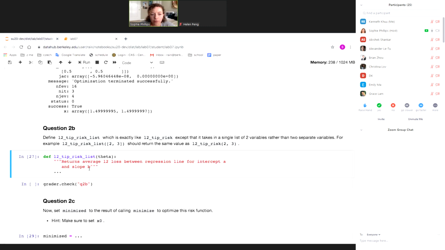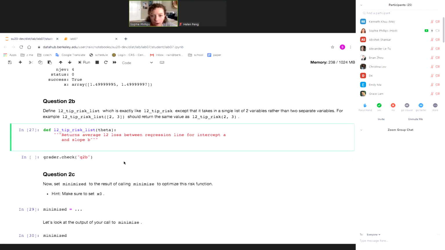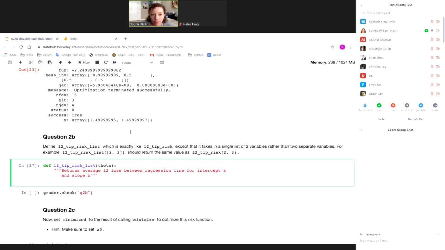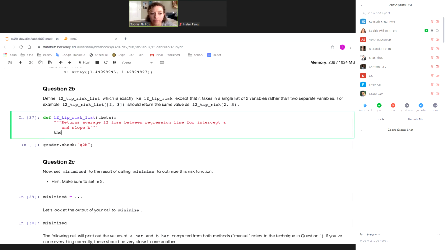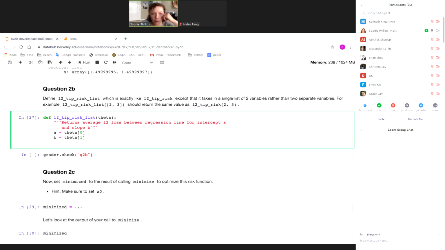So now we're going to want to translate our L2 tip risk function into a function that will work with this scipy minimize function. We're just going to program it the same way, but instead of taking in A and B, we're going to extract A and B from this list they pass in. And so now we have A and B, we can just do the same steps as before.